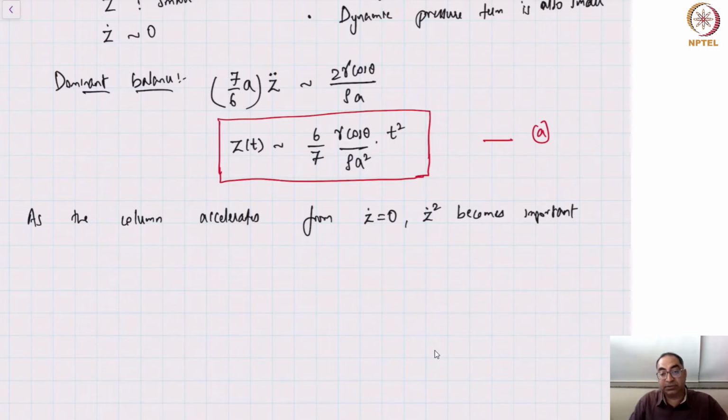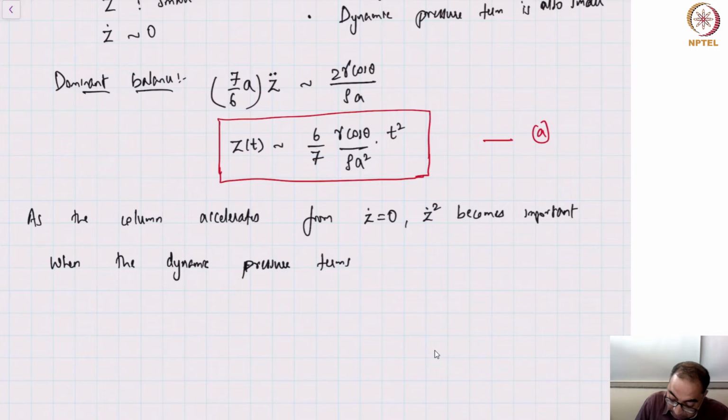The column is rising up, so it's essentially picking up speed, and when it's picking up speed, the dynamic pressure term eventually becomes important. And as this happens, the balance now changes, when z becomes larger than 7 by 6a, and when this happens, we have a regime where the dynamic pressure dominates inertia.